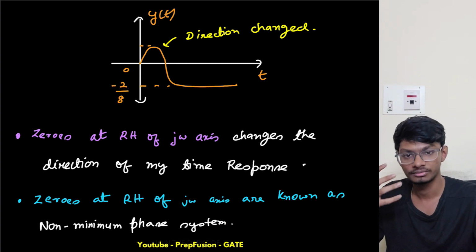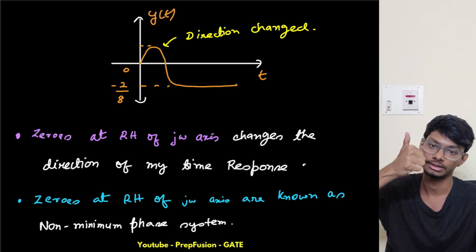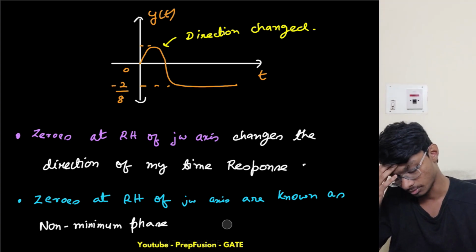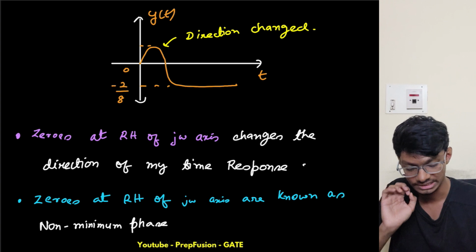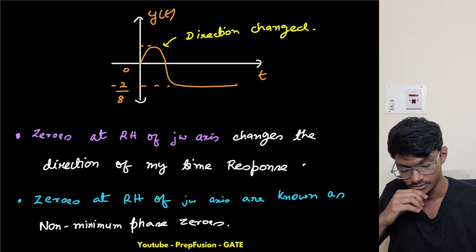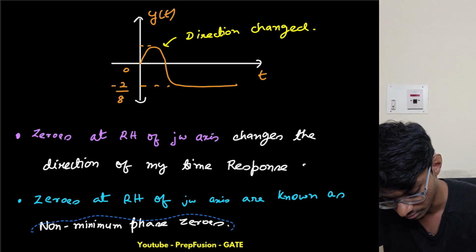Or you can say non-minimum phase zero. So basically any type of system which has right half plane poles or zeros is known as a non-minimum phase system. This will be understood like a Bode plot, but as this is explicitly for zeros, I will write zeros here. Or you can call it poles and zeros, then it will not be explicit.